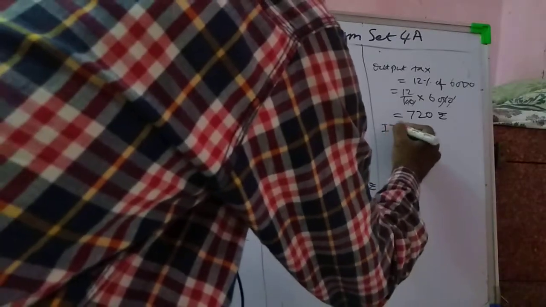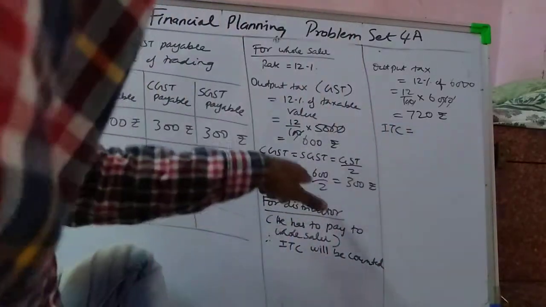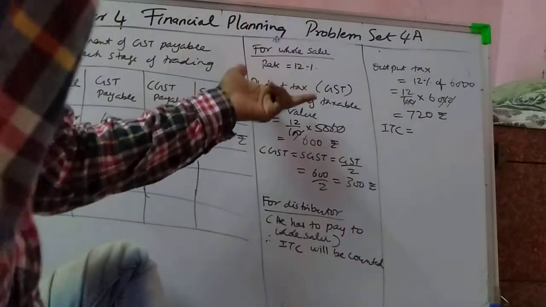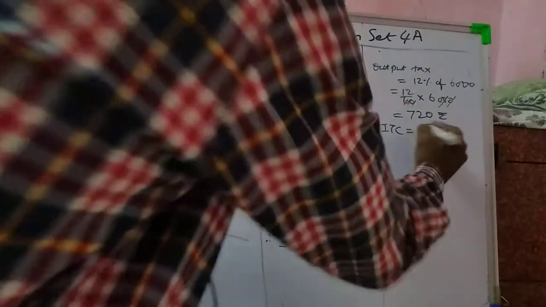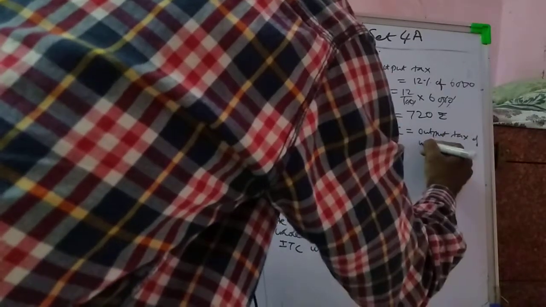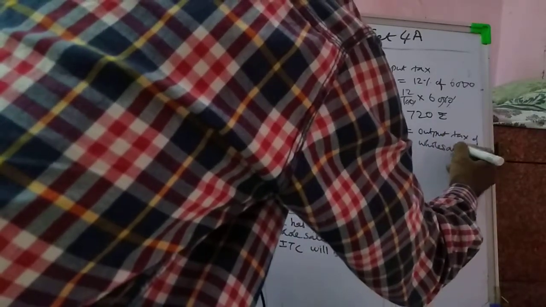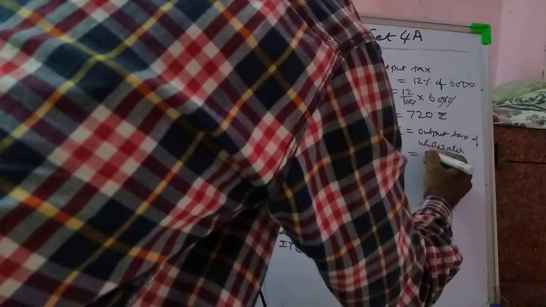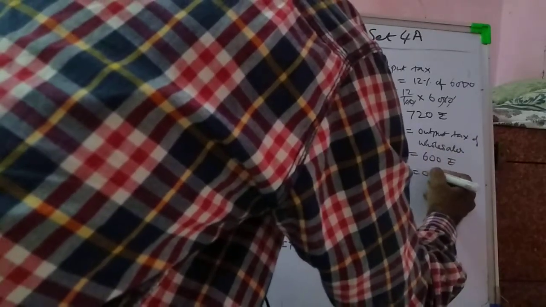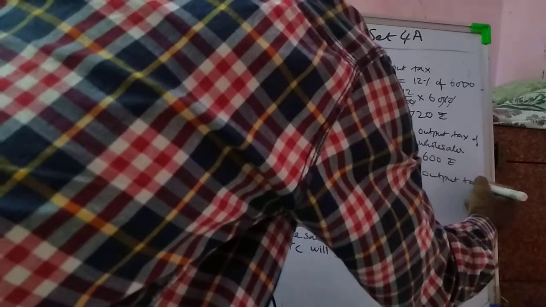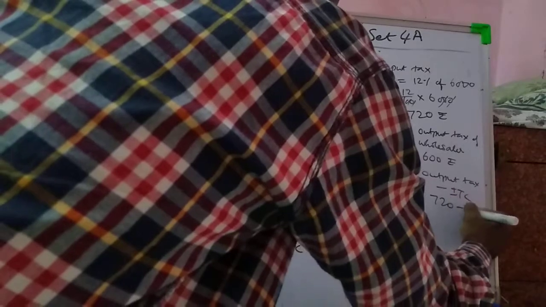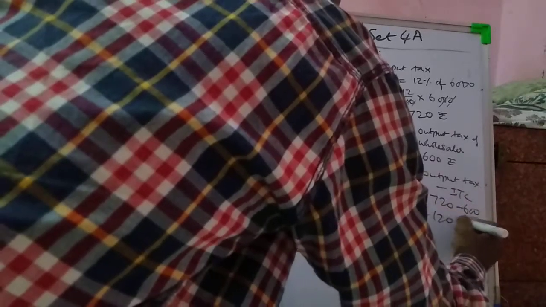Now ITC is nothing but the output tax of the wholesaler, because he has to pay here. So that will become 600 rupees. Therefore GST is equal to output tax minus ITC, that is 720 minus 600. So that is 120 rupees.